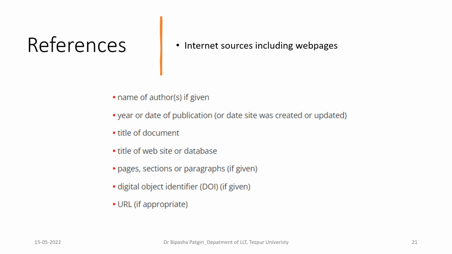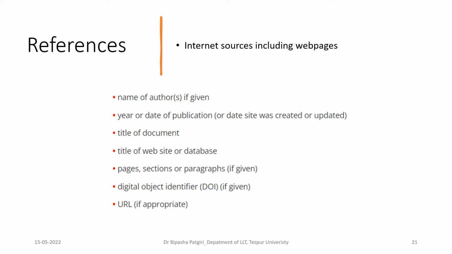So if it is given, you should write that. Year or date of publication is optional, but if it is there on the web page, then you should mention it. Then the title of the document, whether it is about endangered languages, language policy, or the world's languages in general, etc.